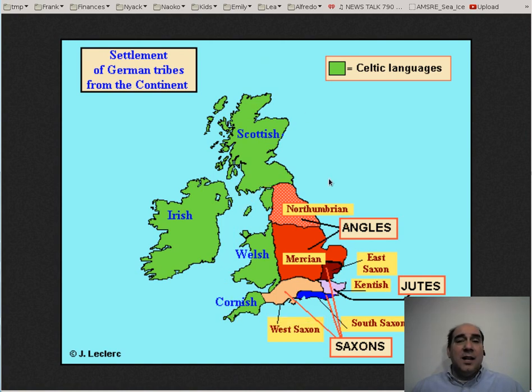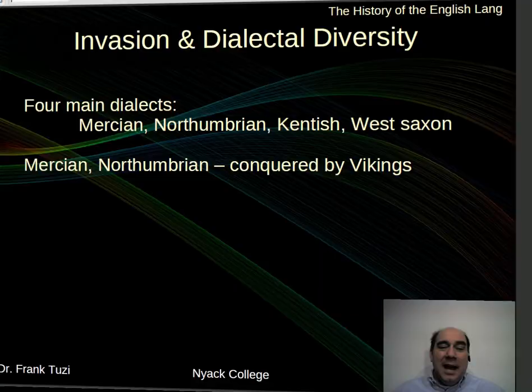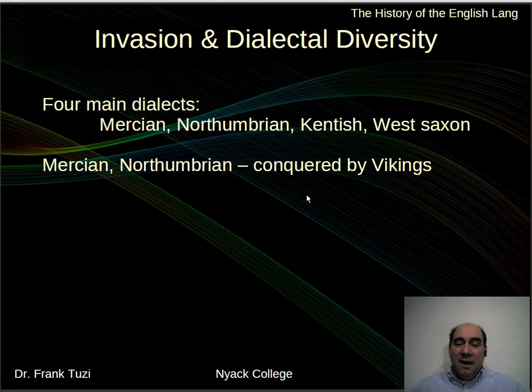The English and the Scots eventually get together, at least politically, years later, but there is still a separation. So we've got those four dialects: Mercian, Northumbrian, Kentish, and West Saxon. Later on, you're going to see even more dialects, but for now, those are the main ones.